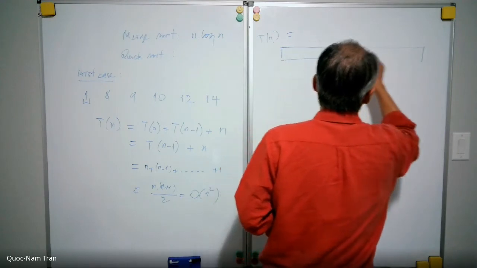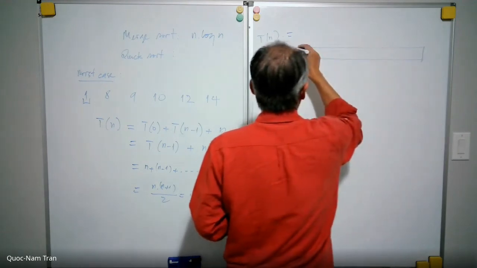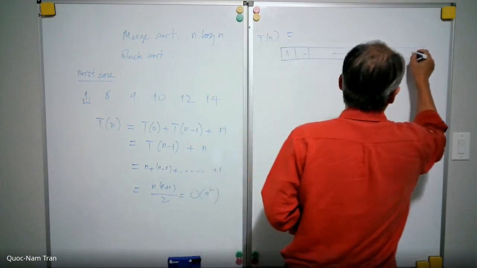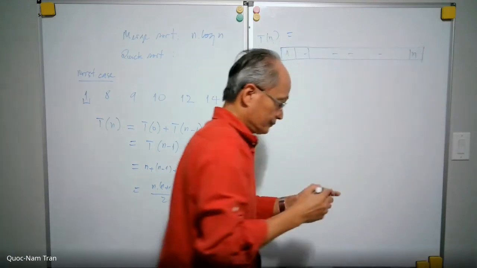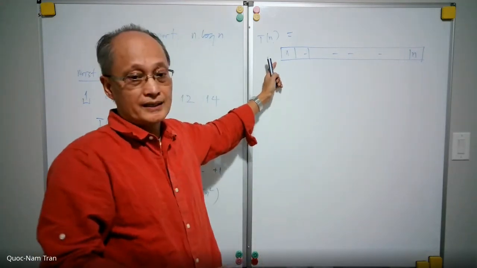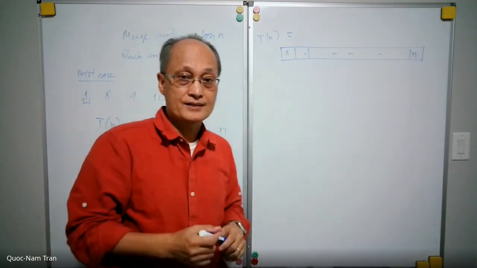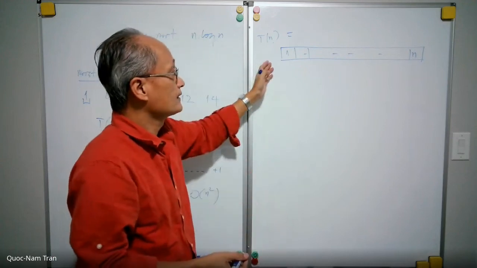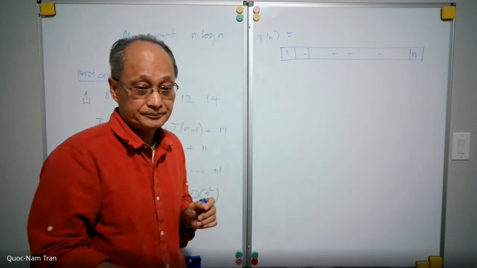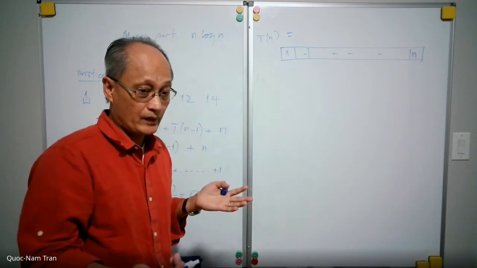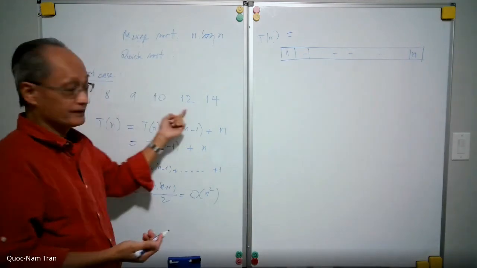Okay, so for an input of size n, how many possibilities do we have for quicksort? Here we have n elements, right? How many possibilities do we have for partitioning this list? The first possibility we already saw in this situation, right?